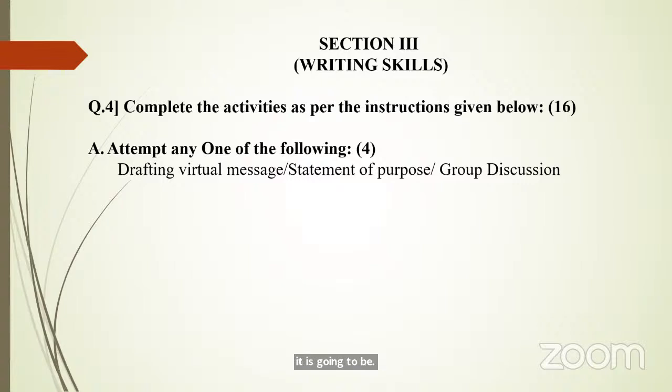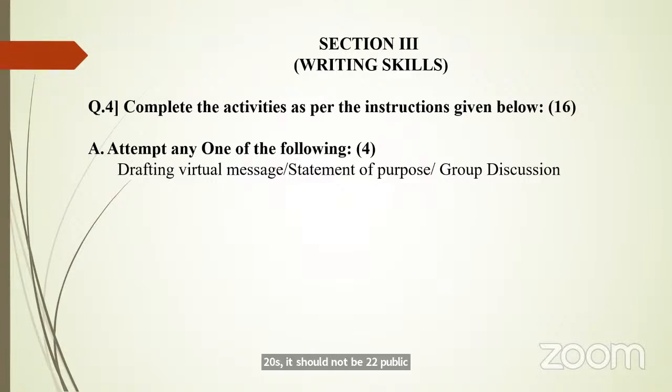So here it is important for the virtual message that you write the date and time. For example, today is 22nd Jan. It has to be written in ordinals, 22nd. It should not be 22/12/22.